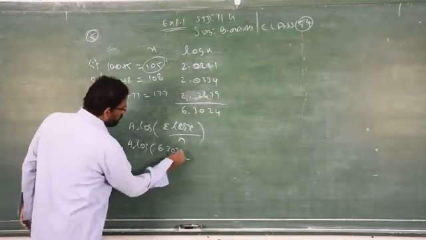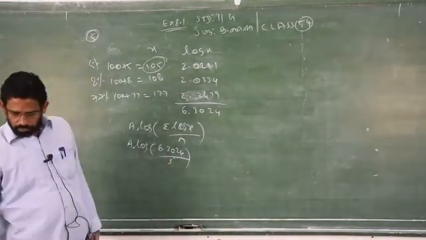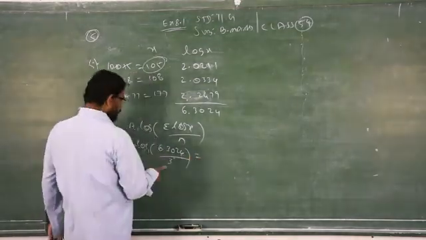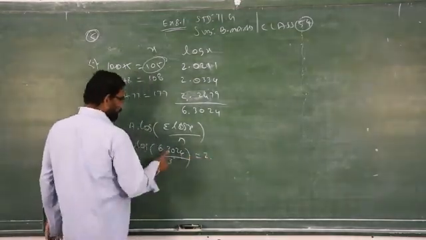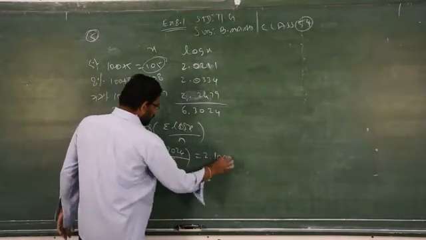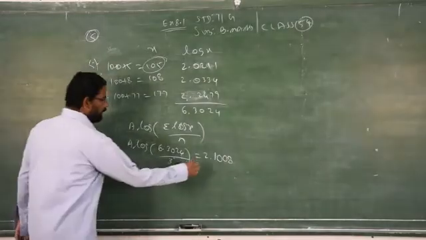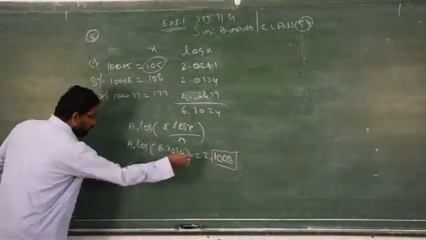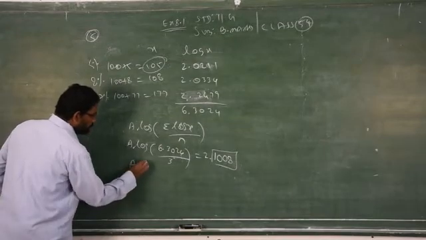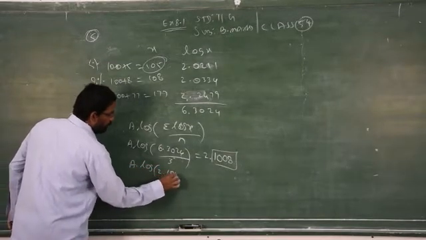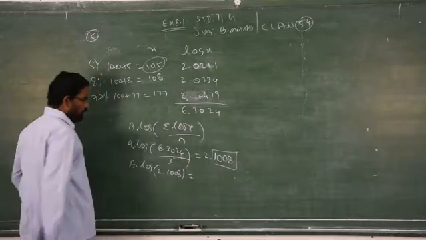So just divide this by 3, you will get 2.1008. Clear? To find the antilogarithm, you please take only the decimal part. You should take only the decimal part to find the antilogarithm.